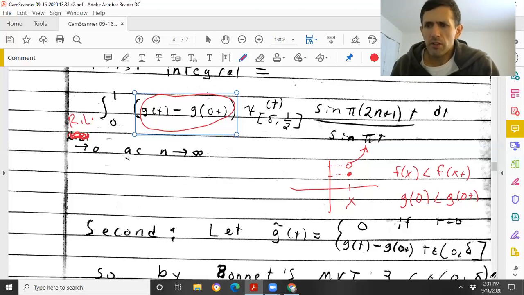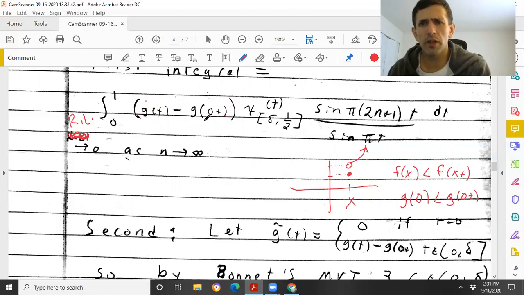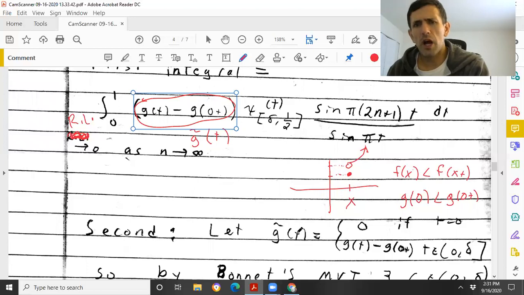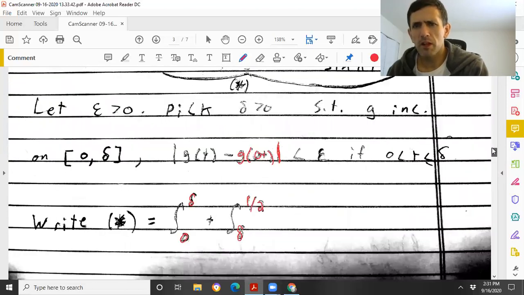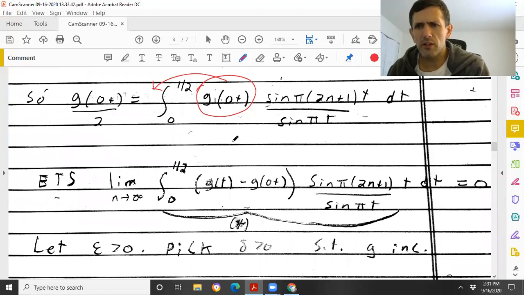So if we replace this whole thing here with g tilde of t, when we do the integral from 0 to delta, we're replacing this whole thing here with g tilde.